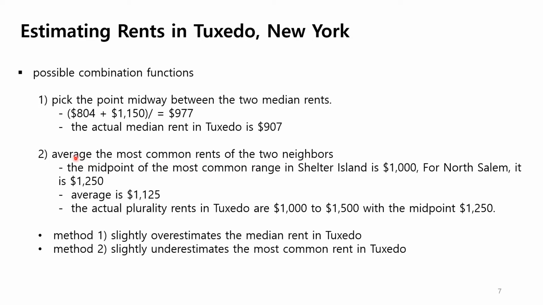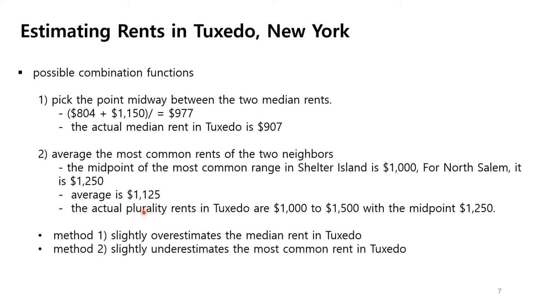The midpoint of the most common range in Shelter Island is 1,000. And for North Salem, the midpoint of the most common range is 1,250. So by computing the average between these two, our estimate is 1,125.